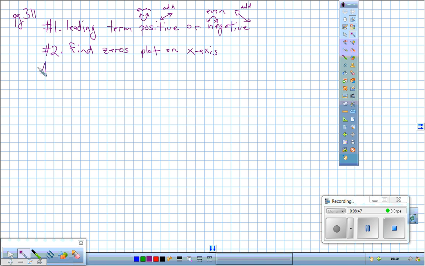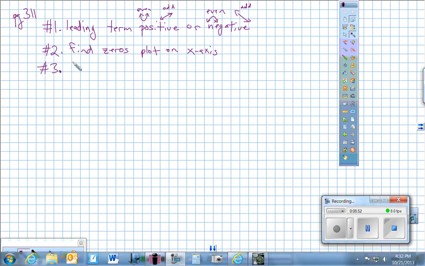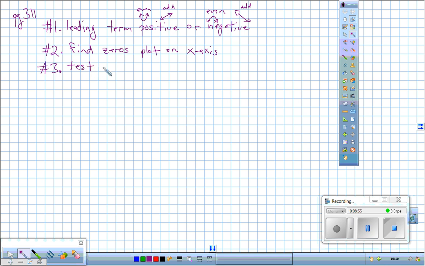And then your step 3 is to basically test points on each interval that we plotted on here. Test points between x values, on axes. And I will show you what that means in a second.